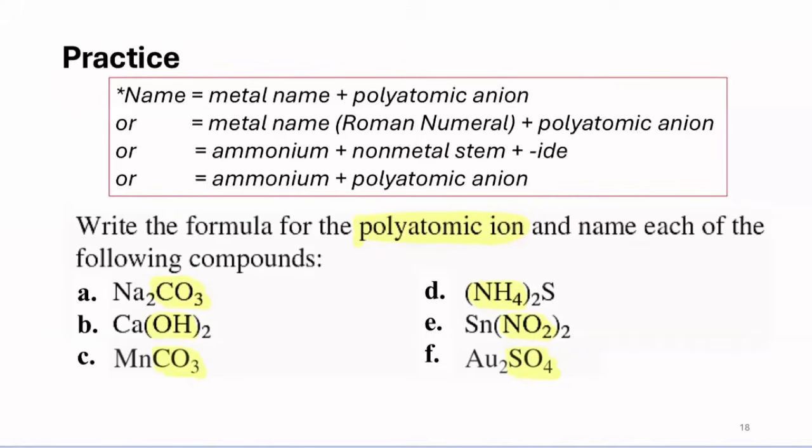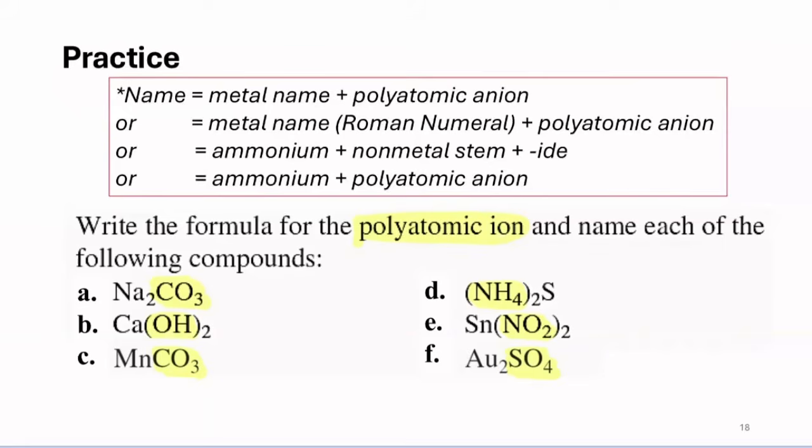In the case of polyatomic ions, you just use the name of the polyatomic ion. So if you have an NH4, you use ammonium. If you have, for example, CO3, you have carbonate, and so on and so forth. So you can see now that when it comes to ionic compounds, there's great variation on the different types of ionic compounds that we can have out there.